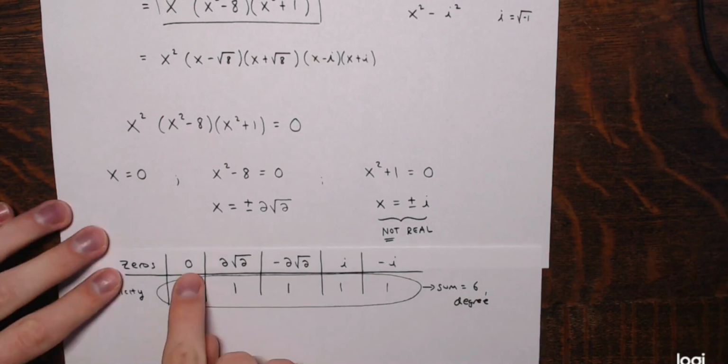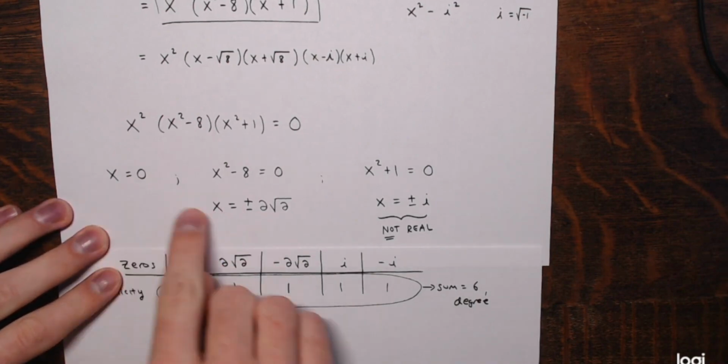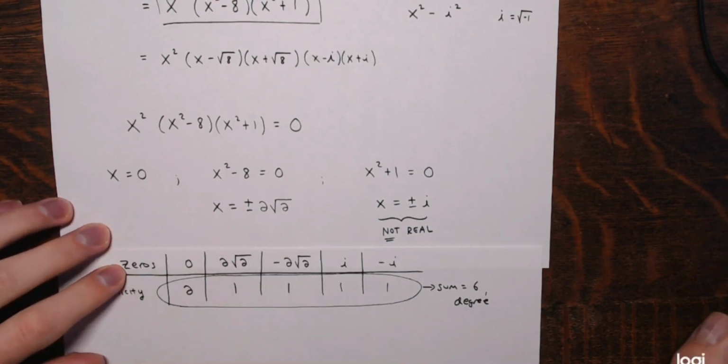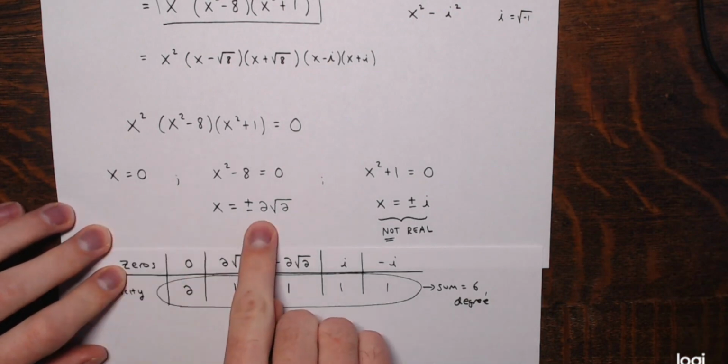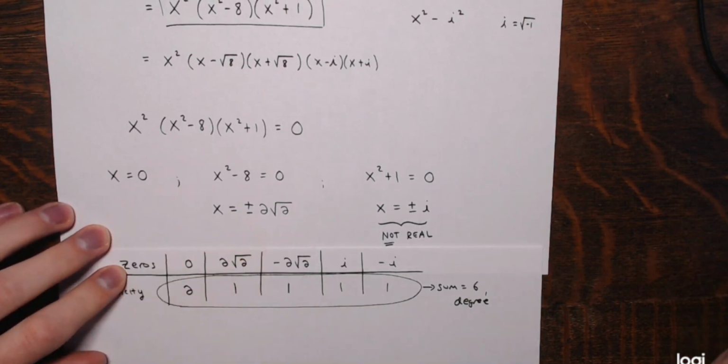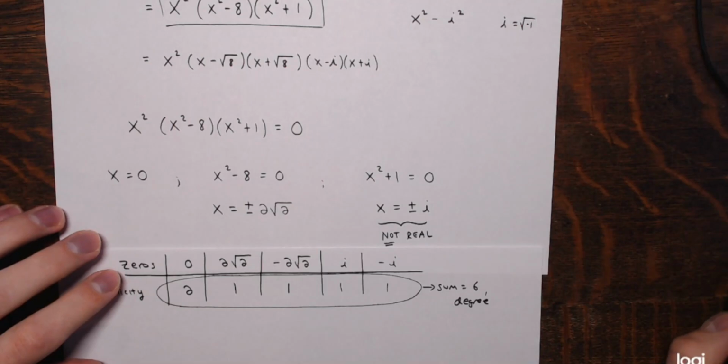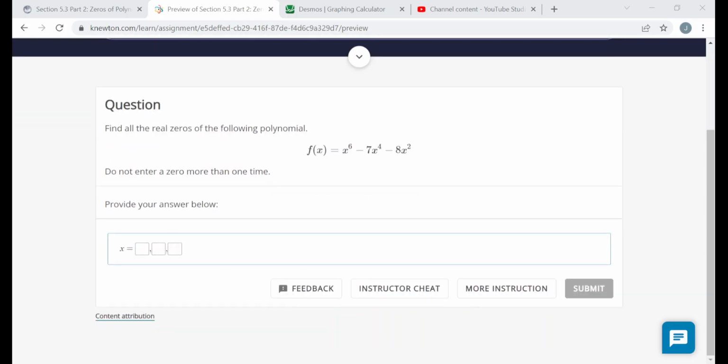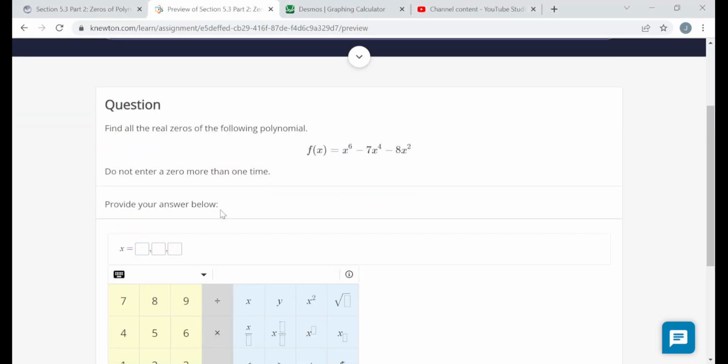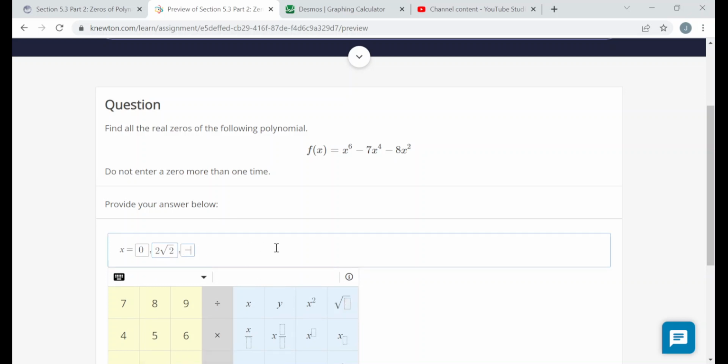But again, they only wanted the real ones, without the imaginary. So 0, positive 2 root 2, and negative 2 root 2, the square root of 8. And those are what I'll enter. So x equals 0 is a zero, x equals 2 times the square root of 2, and then negative 2 times the square root of 2.